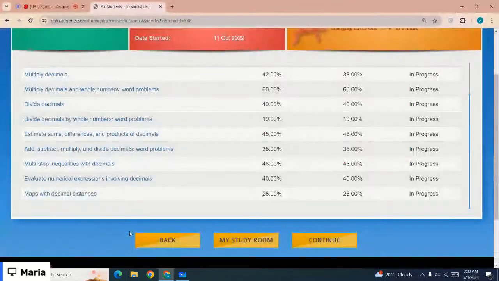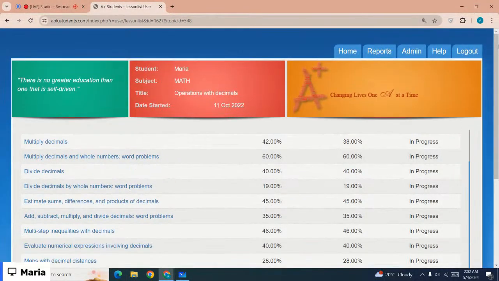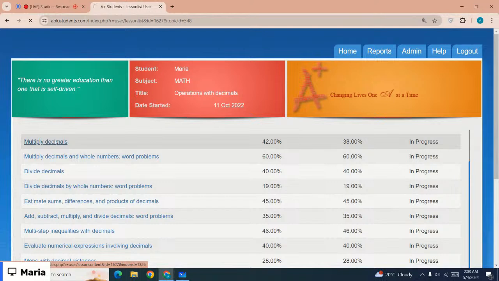Here I'm on grade 7 math. The chapter we're on right now is operations with decimals. Let's start with the first lesson, multiply decimals.